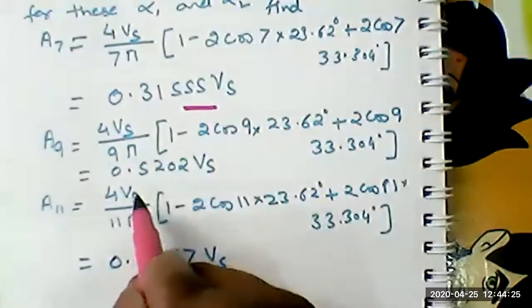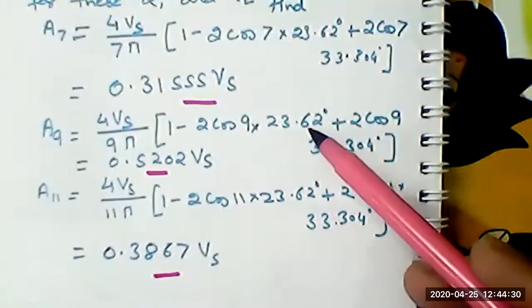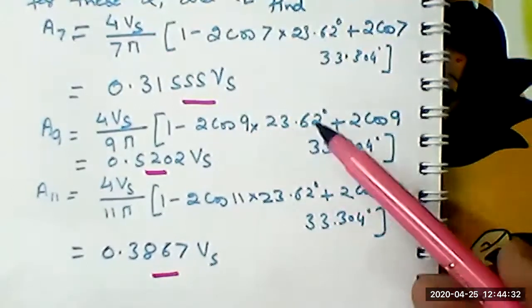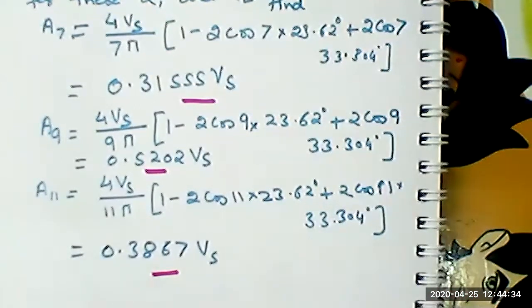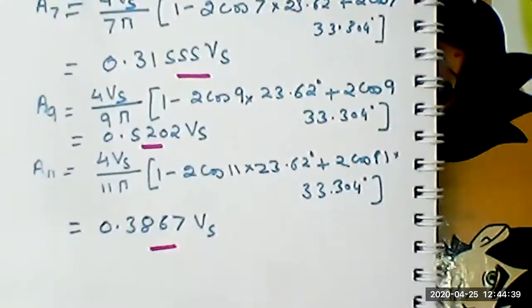It is simple, right? You put this in your calculator and you will get the answer. So the 7th, 9th, and 11th come out to be this.